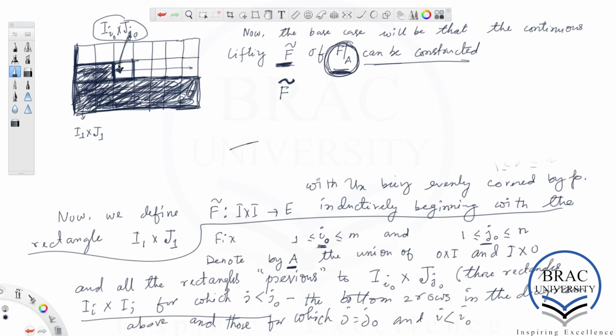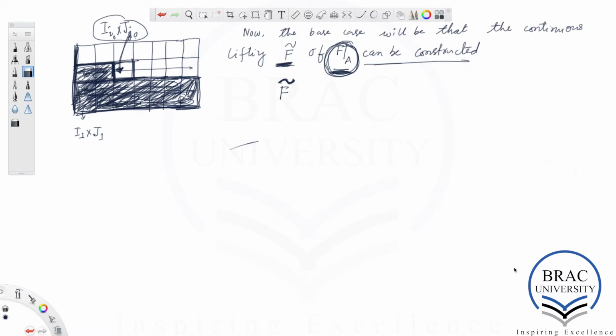Let's see how we can do it. So this is what I need to write. We now define f tilde on I sub I0 cross I sub J0 in the following way.